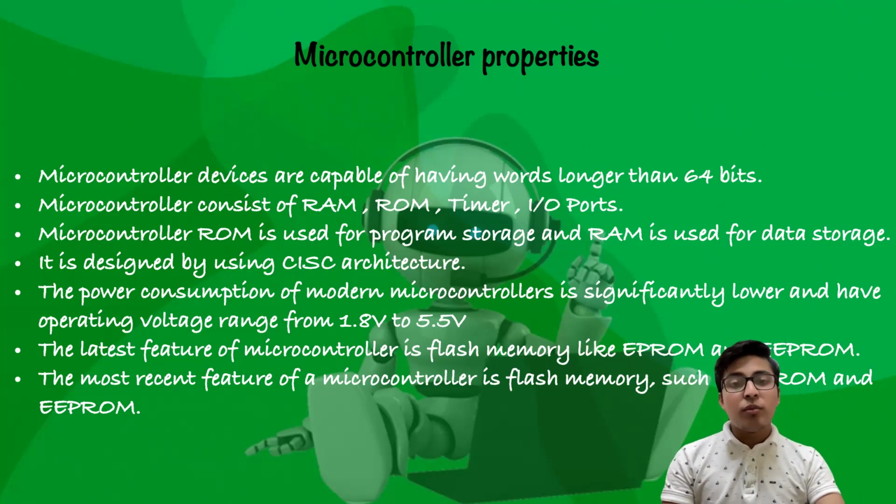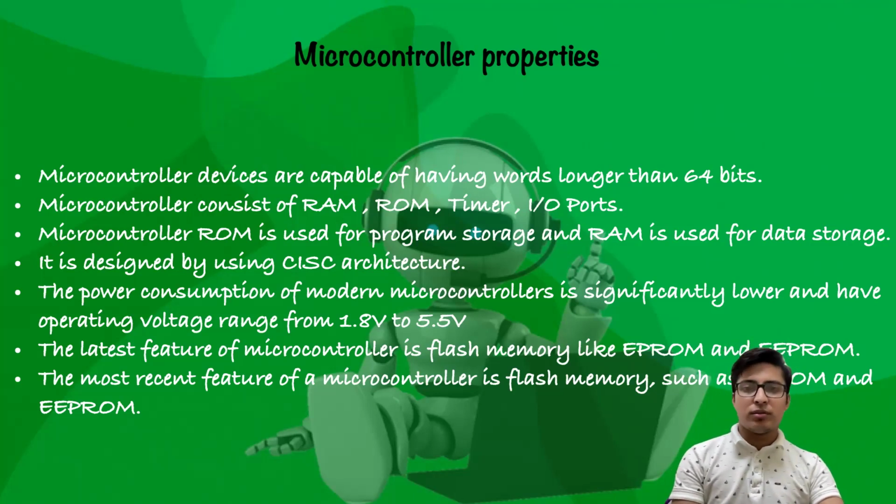The ROM is used for program storage, and RAM is used for data storage. The program or the algorithm that we provide gets stored in the ROM. And where do the data, the test cases, the results get stored? In the RAM.